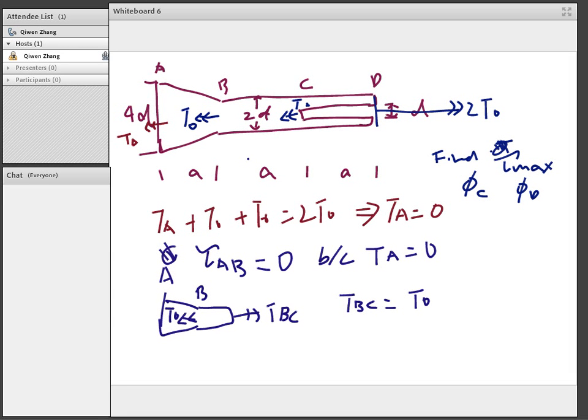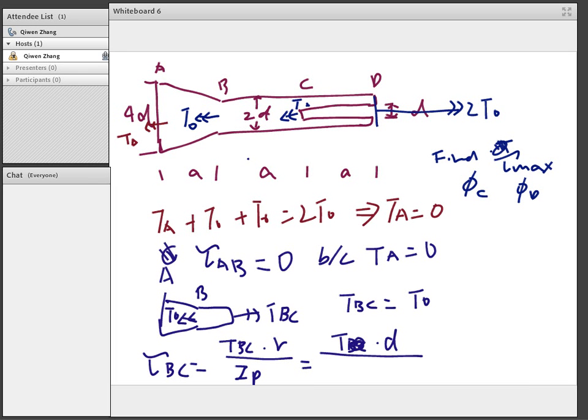We know the equation for shear stress: tau is equal to TBC times the radius over IP, right? The radius is D, so I will just change it to T0 here.